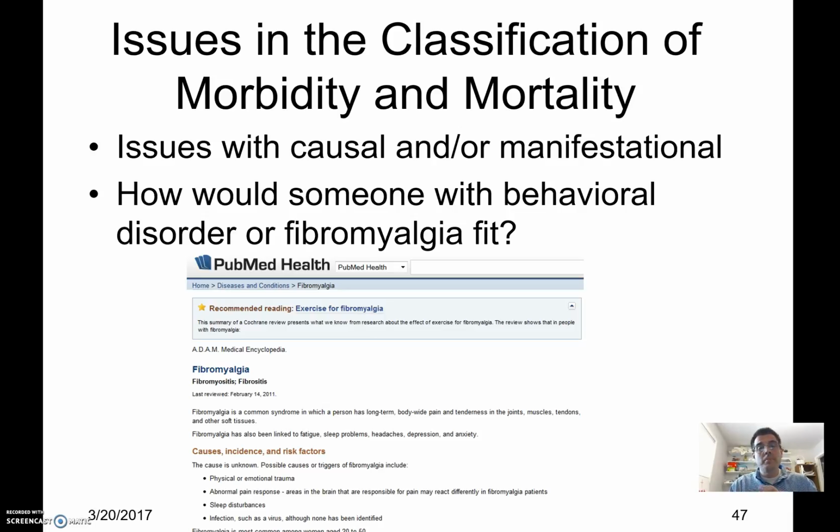For example, with a behavioral disorder, with autism, or ADHD, or depression, it's difficult to classify those sets of symptoms with a particular screening test. Another one would be fibromyalgia. How does that actually fit when there is no specific set of criteria?